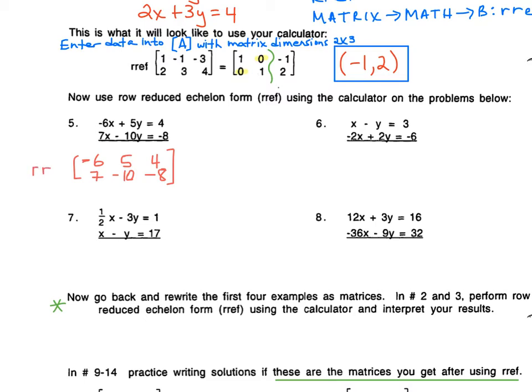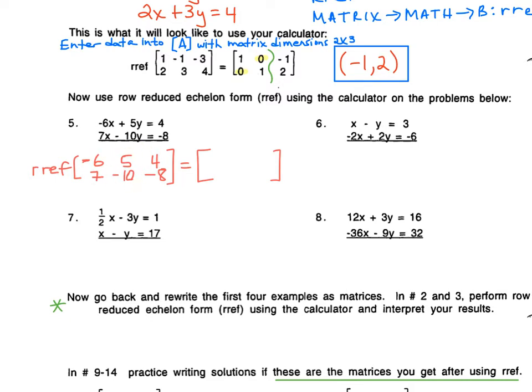And then you should be doing RREF on it once you get back to the main screen. And then I'm going to write the resulting matrix, and then we'll go through and interpret the results. So right now, it would be a good idea to pause the video, enter this into a matrix, for example matrix A, go back to your home screen, your main screen on your calculator, hit matrix, math, option 8 for RREF, and then go retrieve the name of the matrix where you stored this.